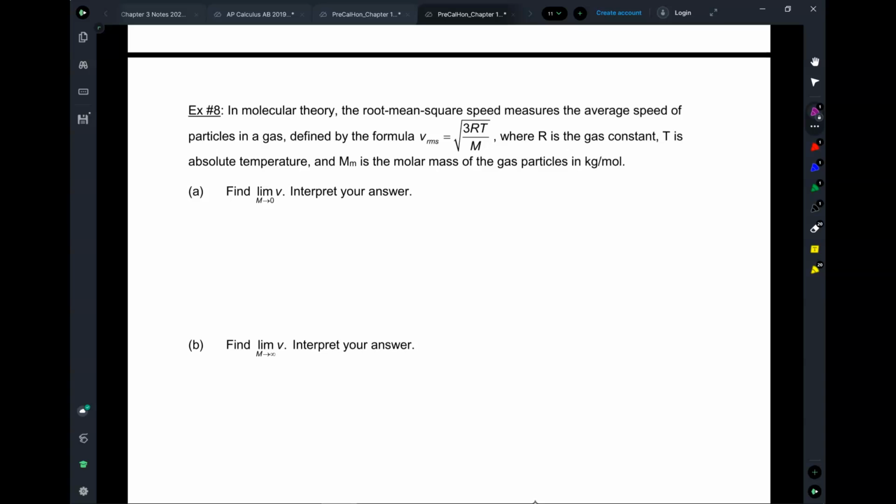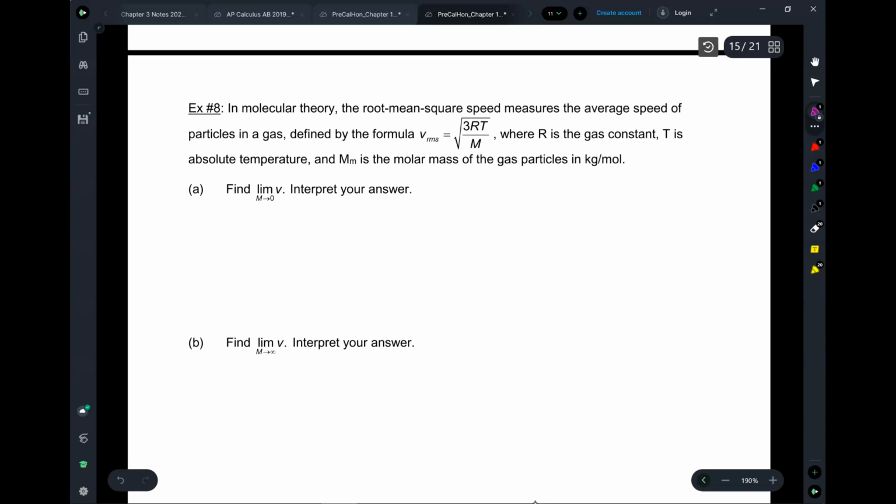Okay, so find the limit of V as m approaches 0. So let's see. Limit as m approaches 0 of the square root of 3RT over m. Okay, where is m? M is here. So R is a constant, T is some temperature that the gas is at.